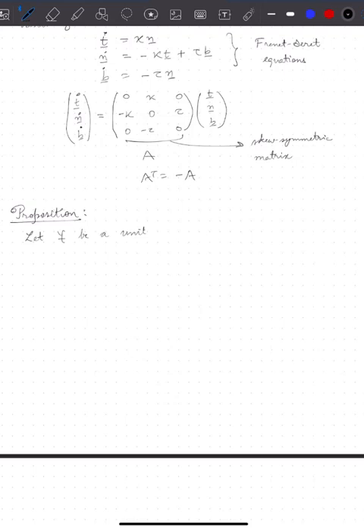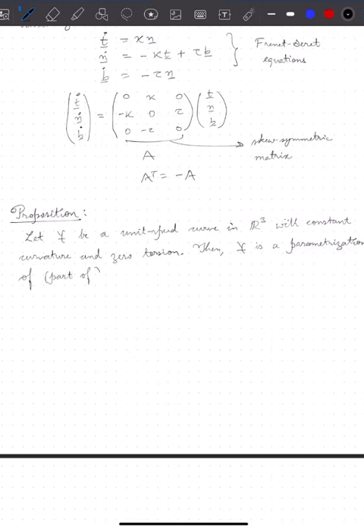Let gamma vector be a unit speed curve in R3 with constant curvature and zero torsion, then gamma vector is a parametrization of either part of a circle.